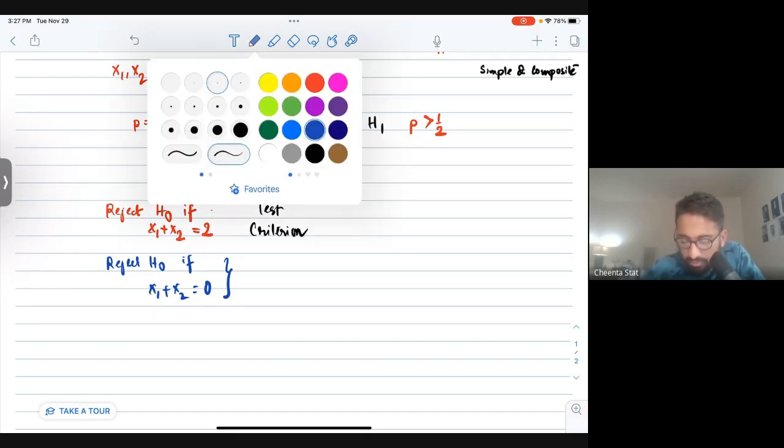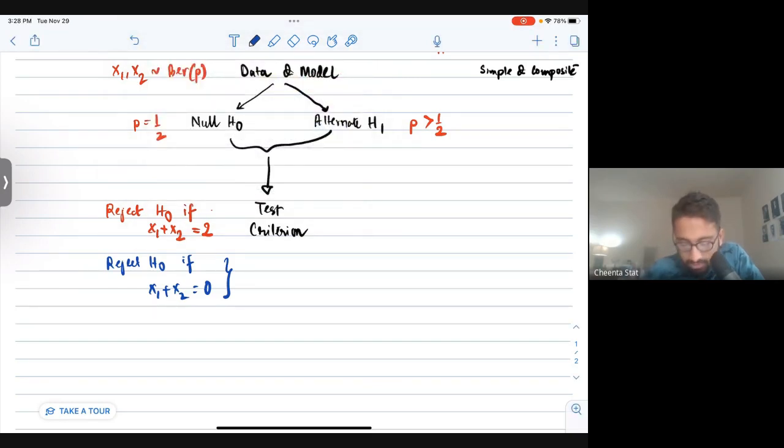But understand, the rejection of H naught, the rejection of this null hypothesis, must also support the alternate hypothesis H1, right? If we take the blue one, it will not support H1, that P is greater than half, because X1 plus X2 is really low.